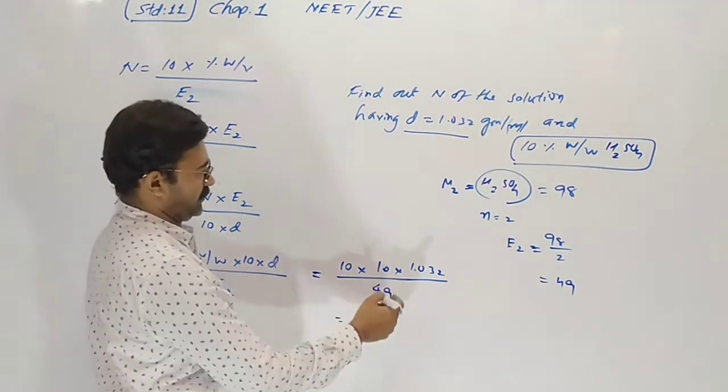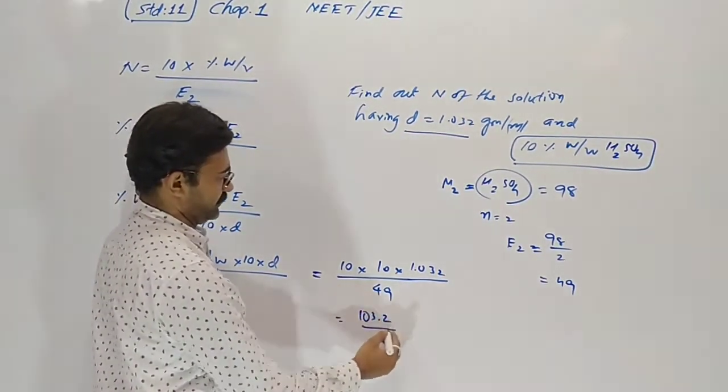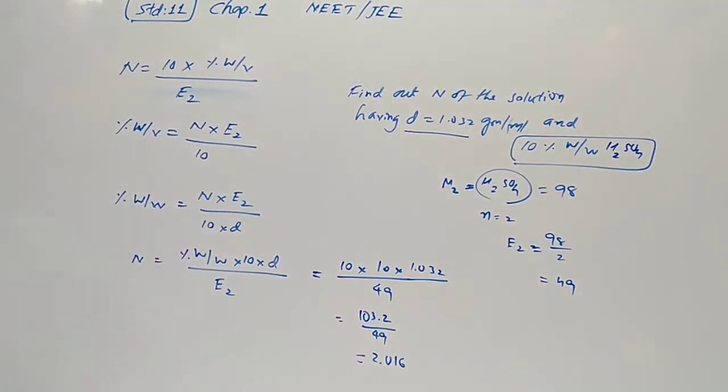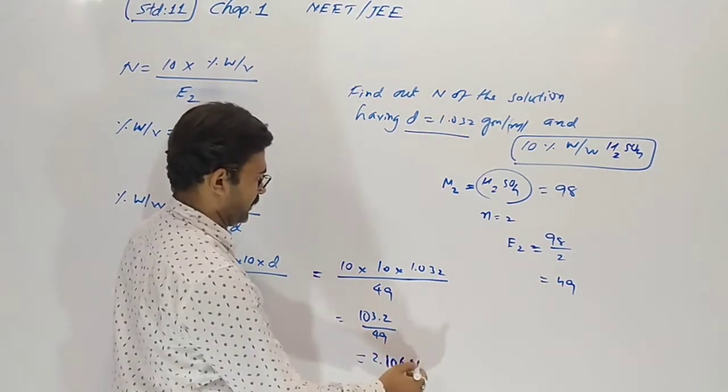So 100 into 1.032 gives 103.2. 103.2 divided by 49 gives 2.106. So 2.106 normal.